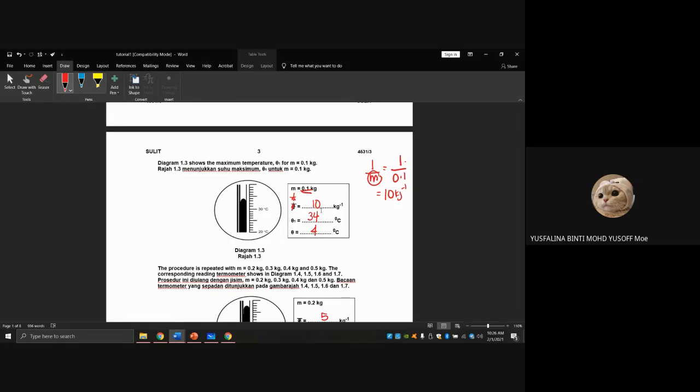So here you can see the value of m is 0.1. So m here I substitute with 0.1. You use your calculator, 1 divided by 0.1, you will get 10. Kai Ting, are you clear about 1 over m?